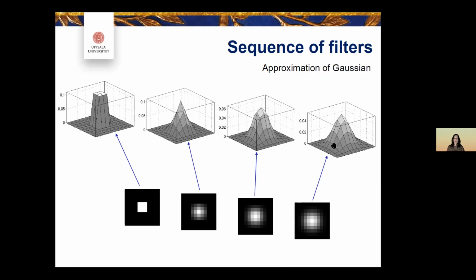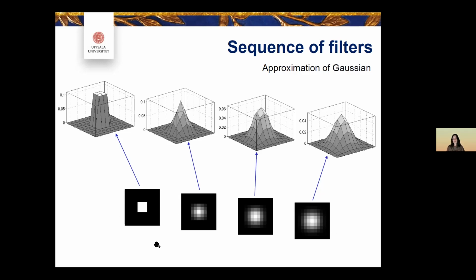Interestingly, this also gives me a way of approximating more complex filters by a sequence of simpler ones. In this particular case, we see that subsequent application of an averaging filter will eventually come closer and closer to a Gaussian kernel. A way of performing Gaussian smoothing can then be to perform a sequence of averaging filters, and the longer the sequence, the closer to a real Gaussian we can come.